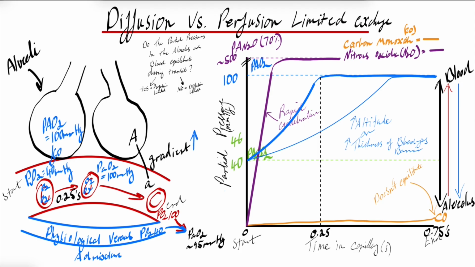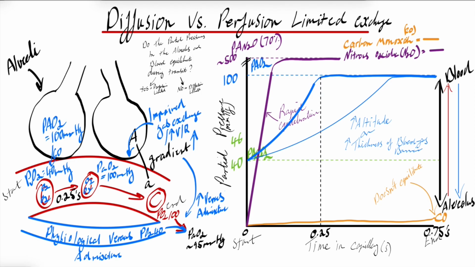An increase in the A-a gradient suggests impaired gas exchange or increased venous admixture, which can also be due to pathological shunts. So essentially relating this back to oxygen being perfusion and then becoming diffusion limited, as oxygen becomes diffusion limited due to diffusion defects, you'll have a rise in your A-a gradient.